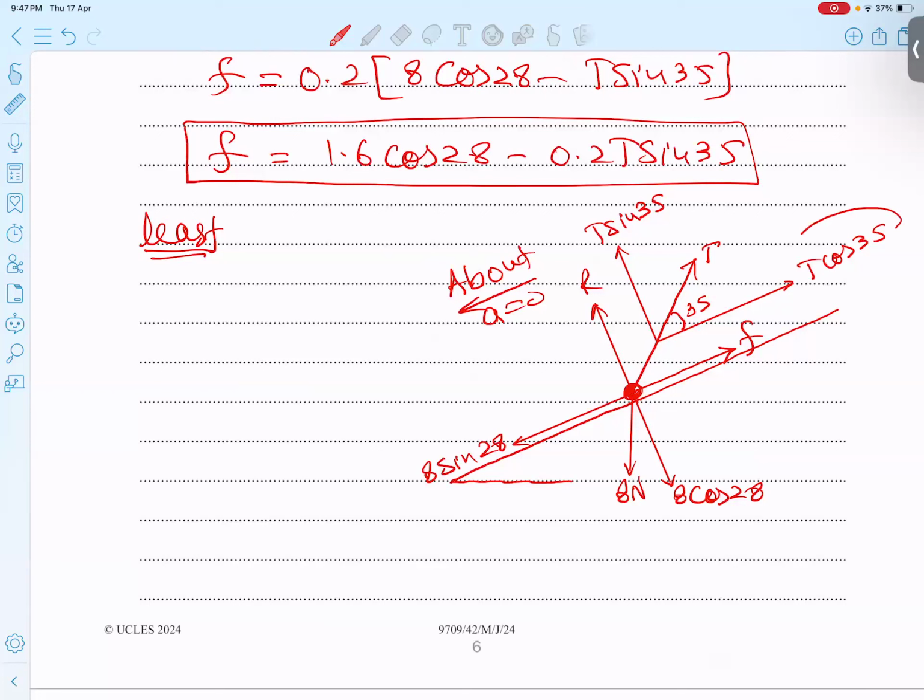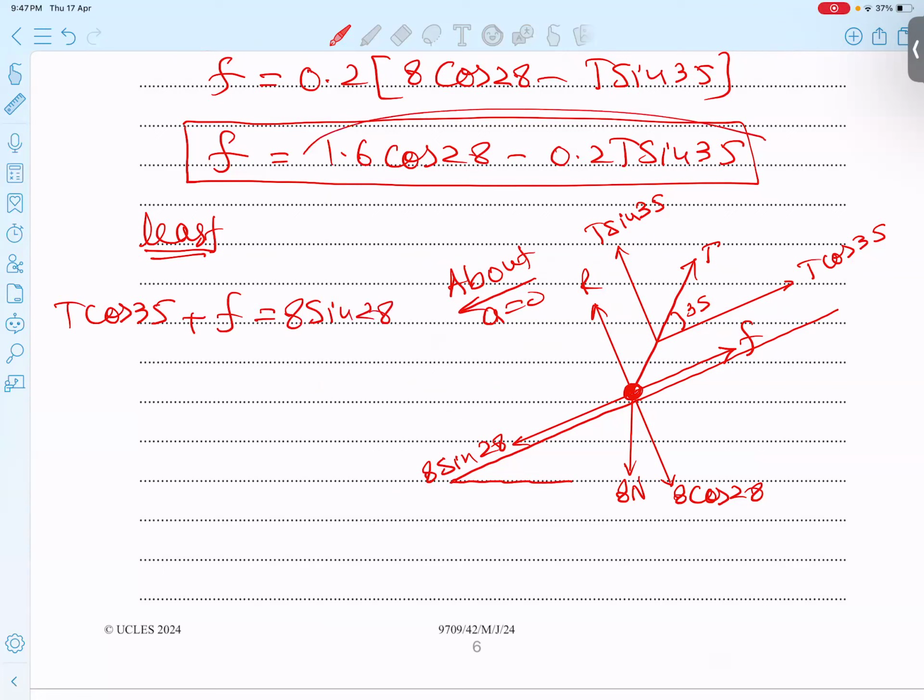So this plus this minus this equals 0. Or I can say these two forces act upwards, this one downward, but due to equilibrium, I can put them equal to each other. So T cos 35 plus friction is equal to 8 sine 28.